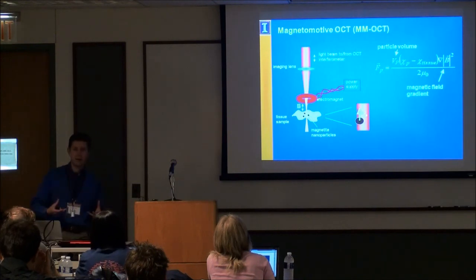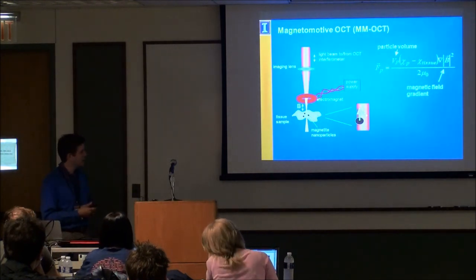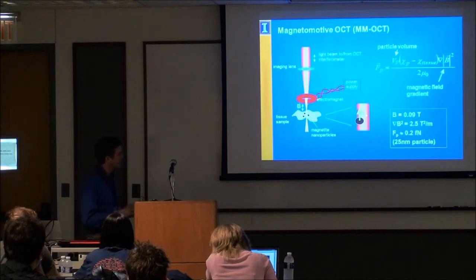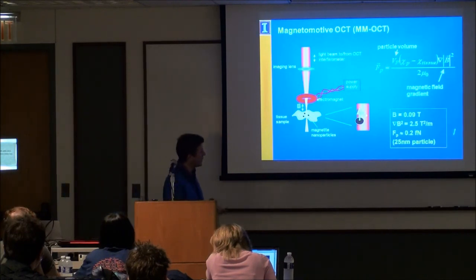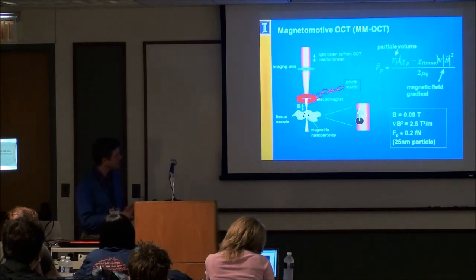But the larger the particle, the less likely it is to extravasate out of the bloodstream to get to different tissues where we might like it to go. So we're always weighing those options. Some general calculations show that a very weak field, 0.09 teslas, is going to exert a very weak force, 0.2 femtonewtons, on a 25 nanometer particle.